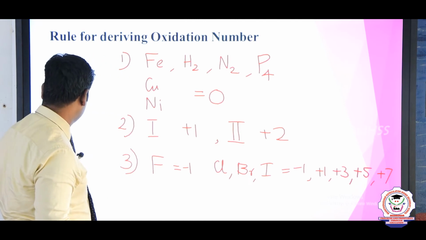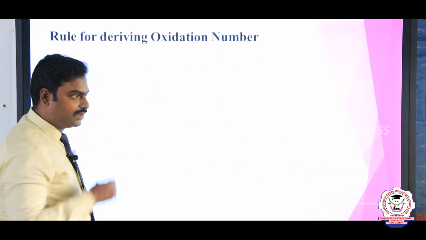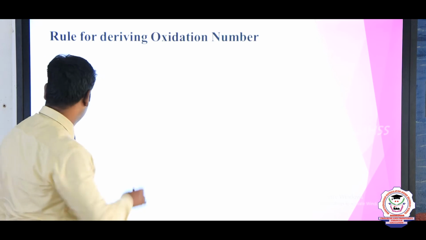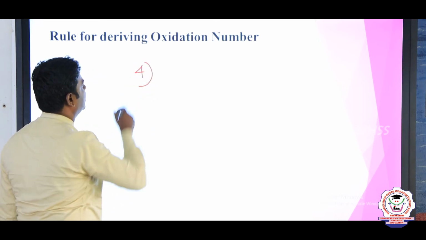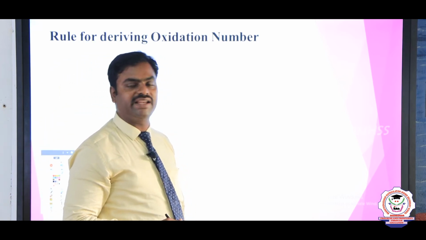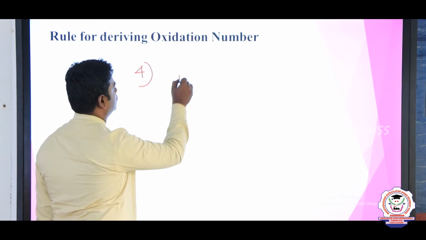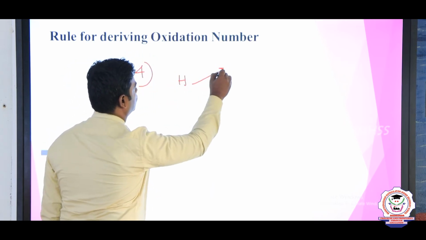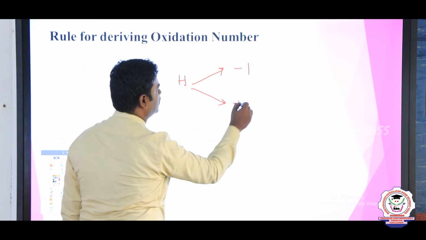Next one. Hydrogen. The fourth rule is for hydrogen. Hydrogen can show two oxidation states. One is -1, another one is +1.